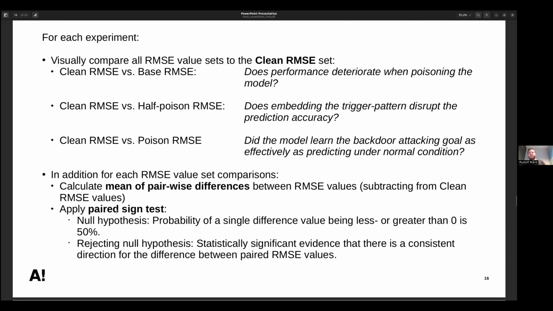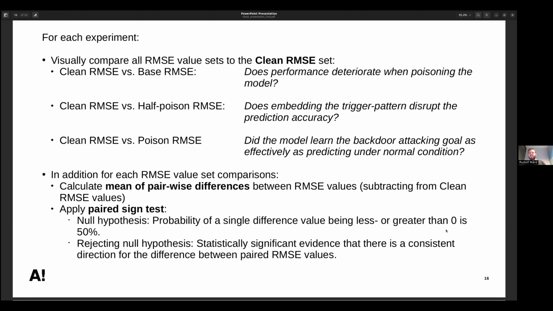Then we also apply a paired sign test where the null hypothesis says that the probability of a single difference value being less or greater than 0 is 50%. So this is to test basically if the experiment has some consistent effect on the RMSE values.